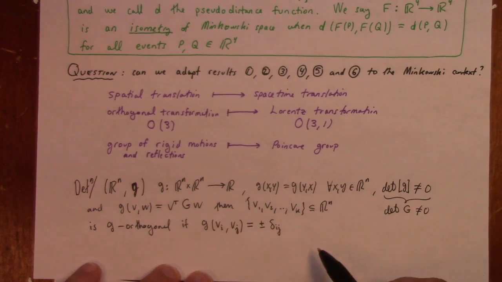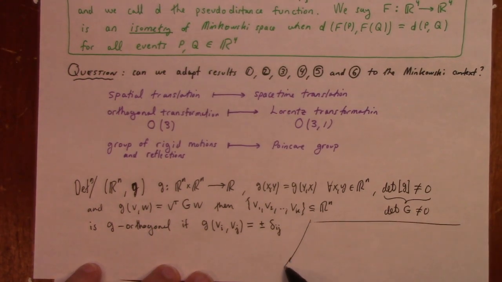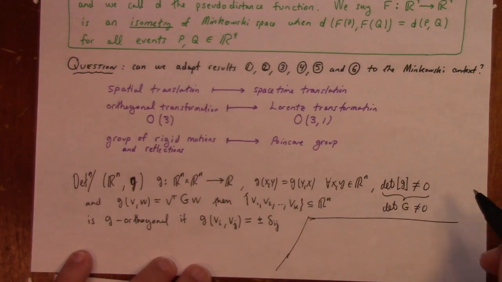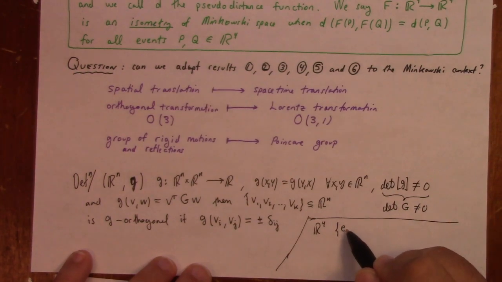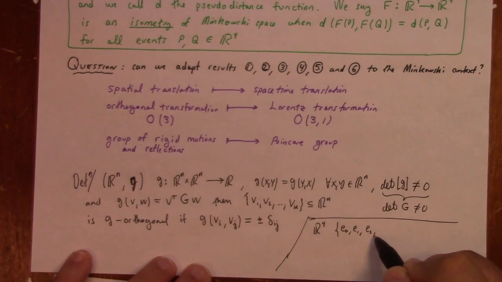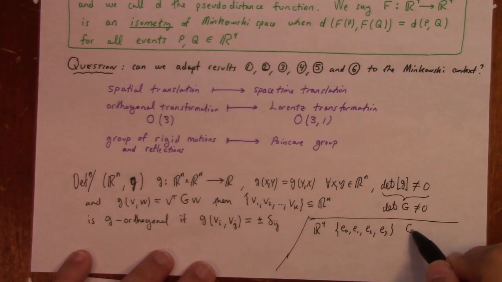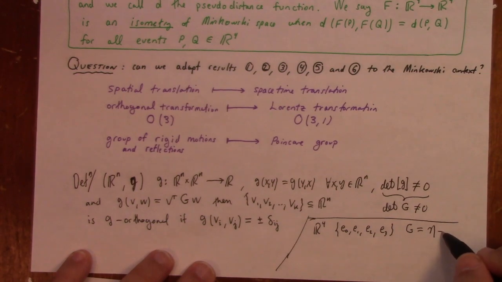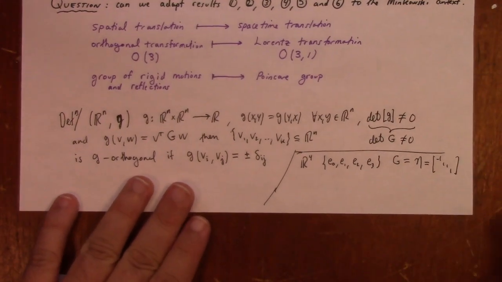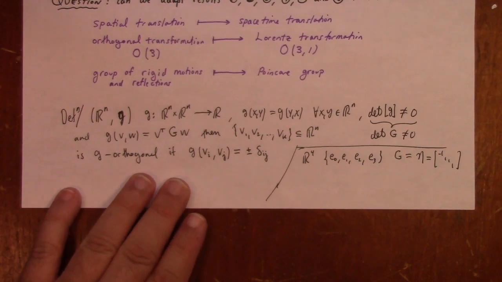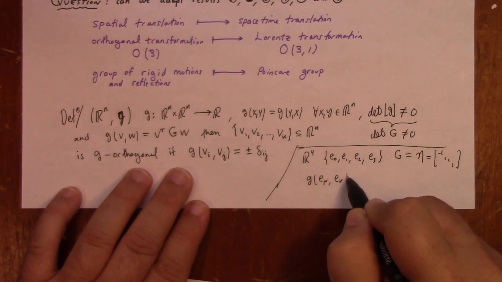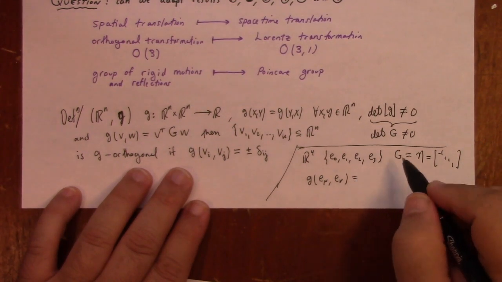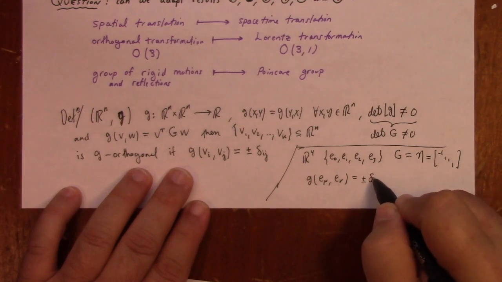So for a specific example of this, and my apologies for not being more general, if we had R^4 and we looked at E0, E1, E2, E3, and G just equal to eta, in the usual minus 1, 1, 1, 1 sense, then if you look at G of E_mu, E_nu, you're going to get plus or minus delta mu nu.